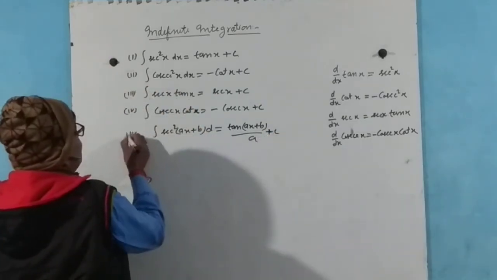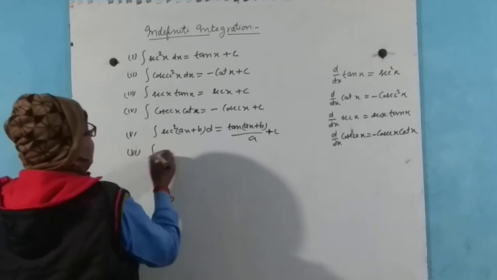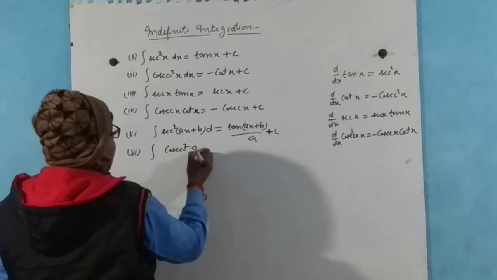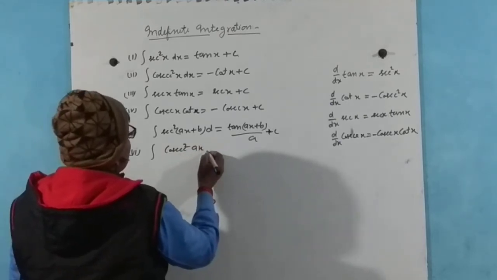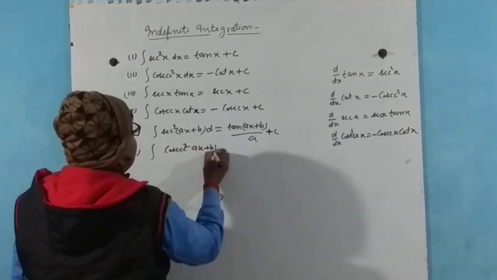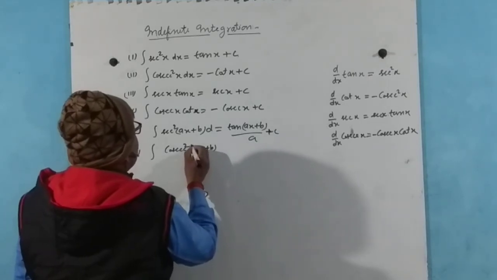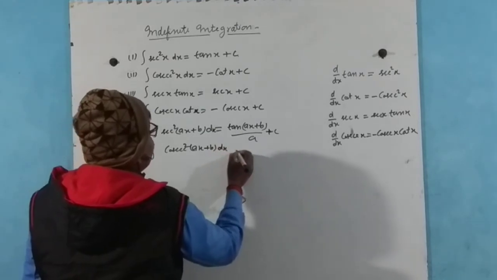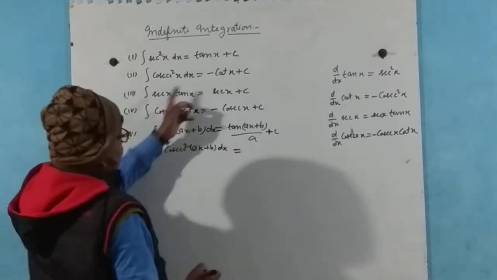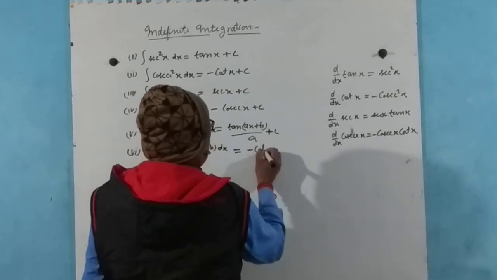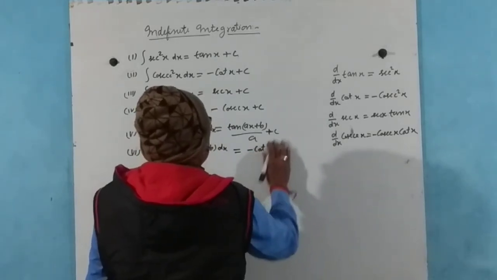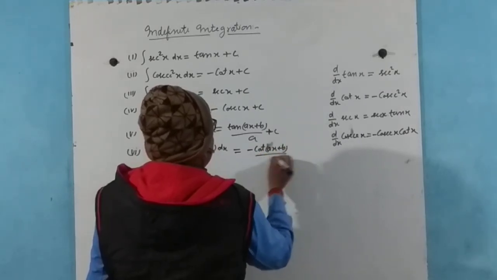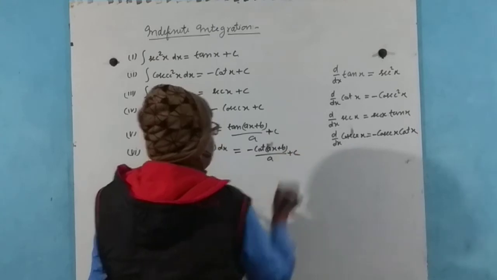Similarly, integration of cosec square (ax plus b) dx is equal to minus cot(ax plus b) divided by a, plus c.